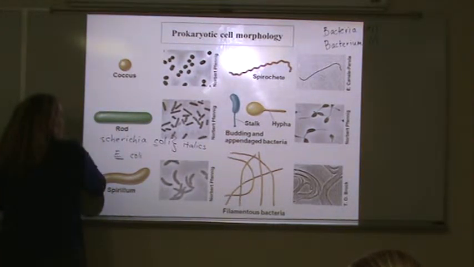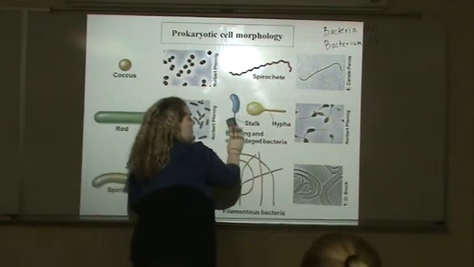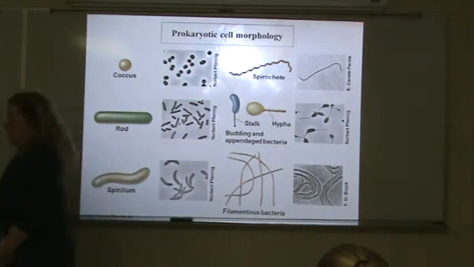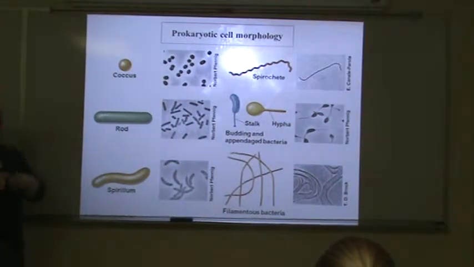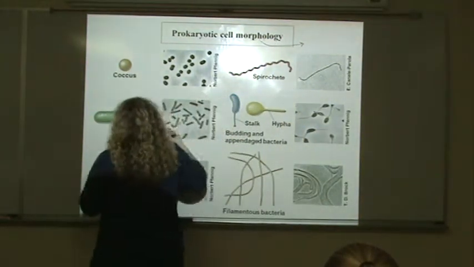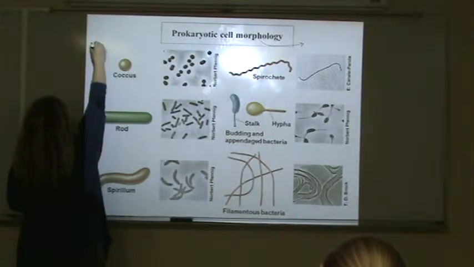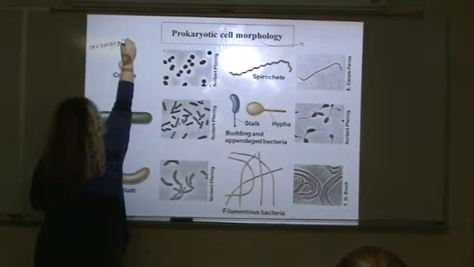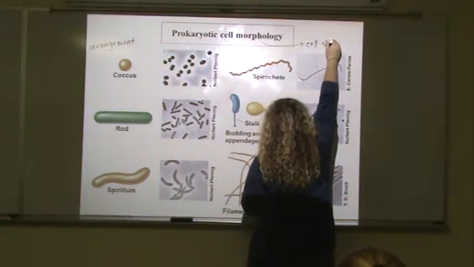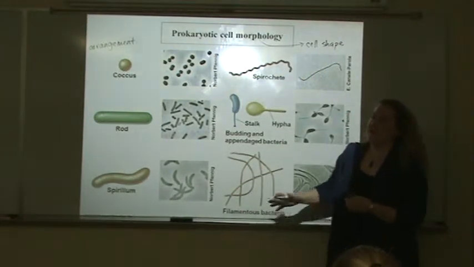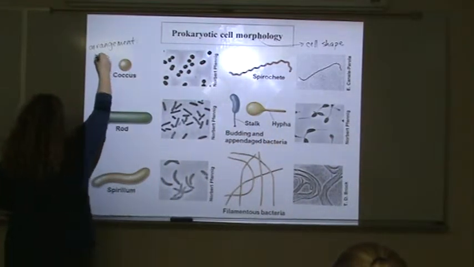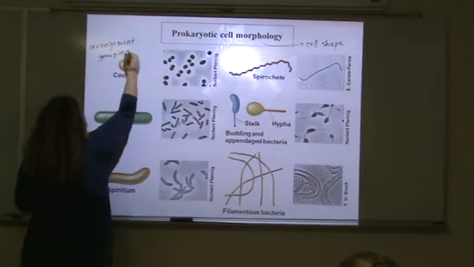So that's the general naming and cell shape and cell arrangement. Two other terms. These are going to come up in your lab homework. The term morphology and the term arrangement. Morphology is just the cell shape, and that's what this slide is showing. What are the possible shapes of bacterial cells? That's just the shape. The arrangement is the grouping.